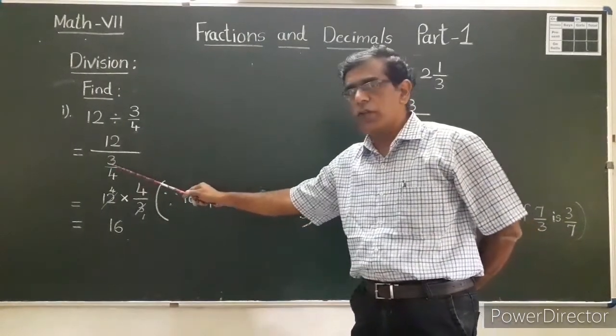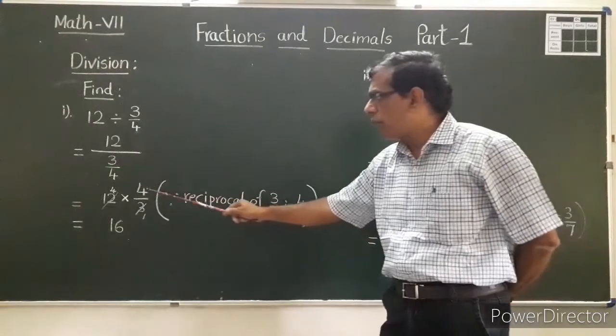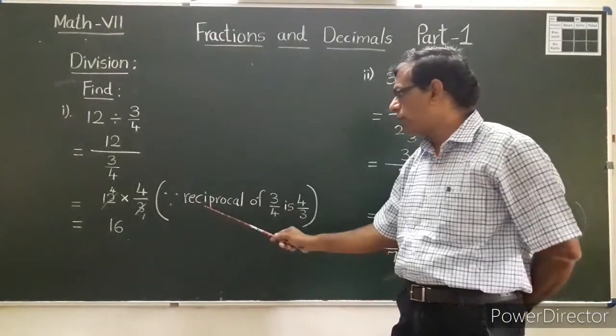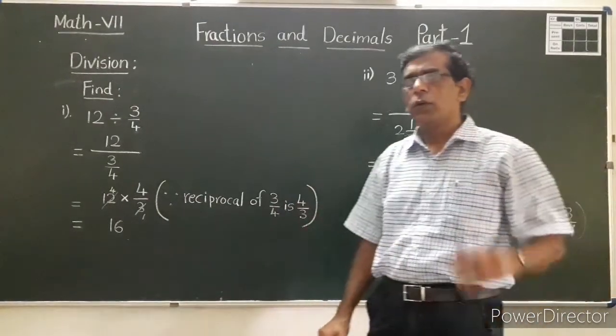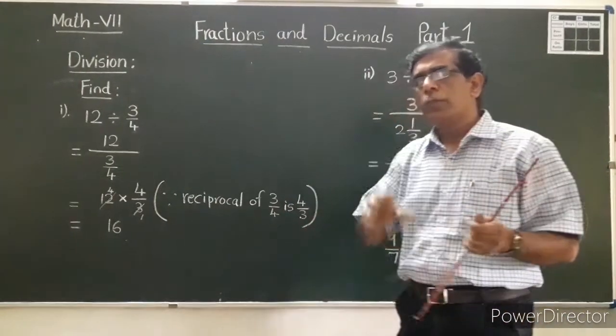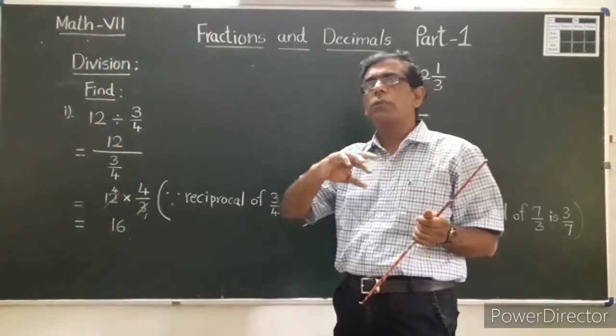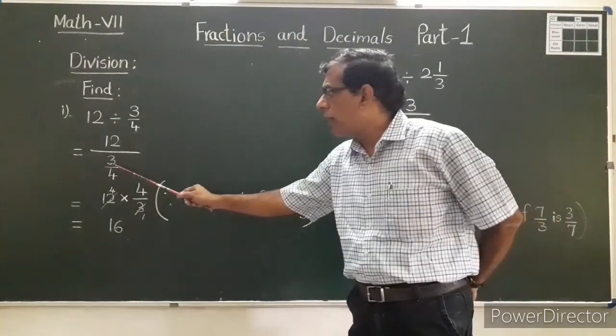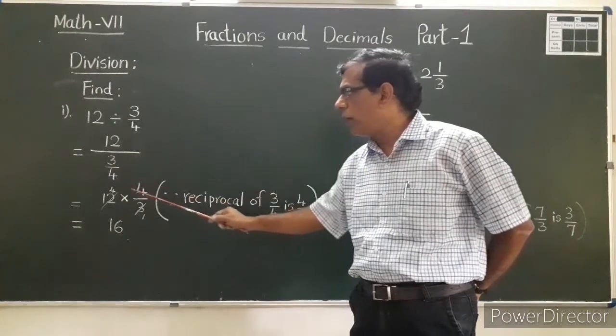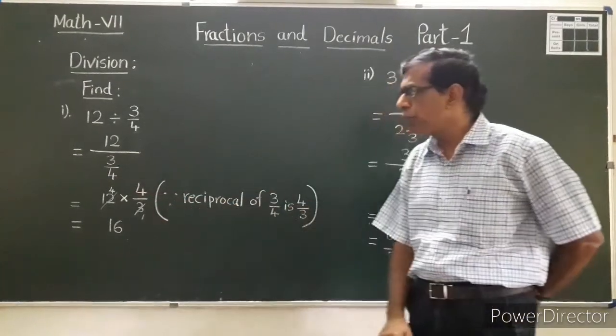The reciprocal of 3 by 4 is 4 by 3. We know that the numerator goes to the denominator, and the denominator moves to the numerator.